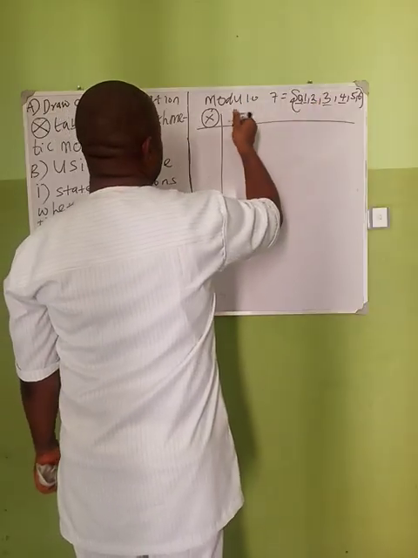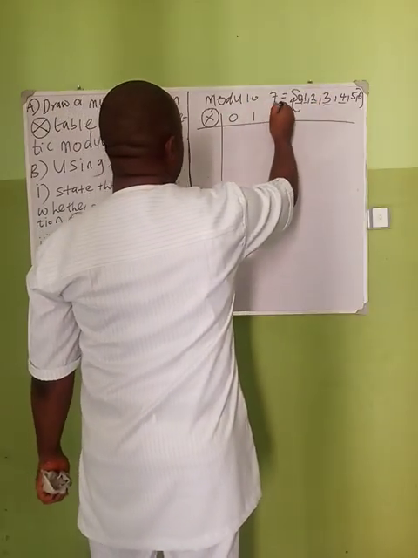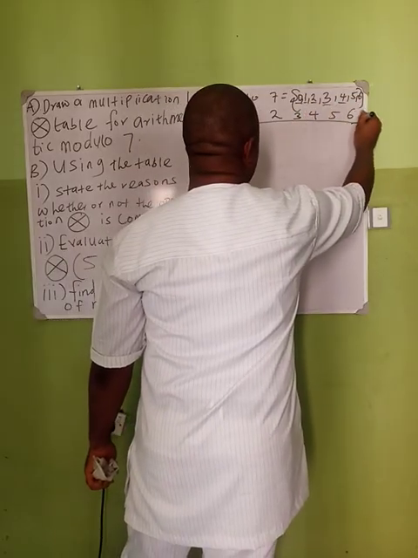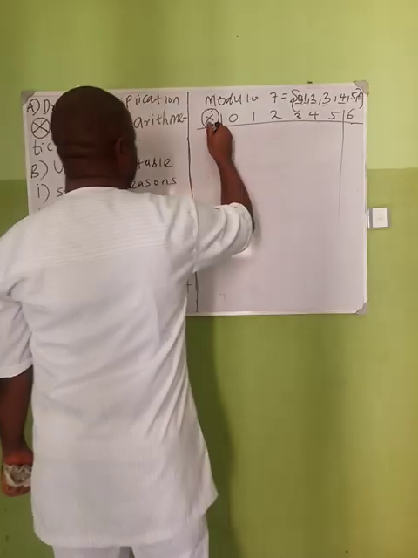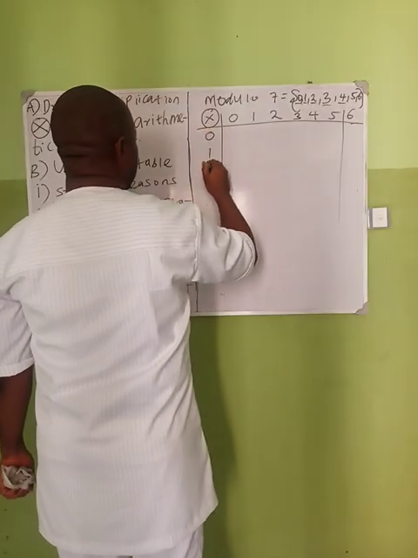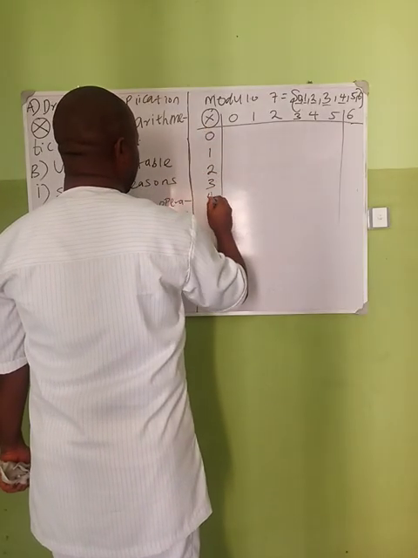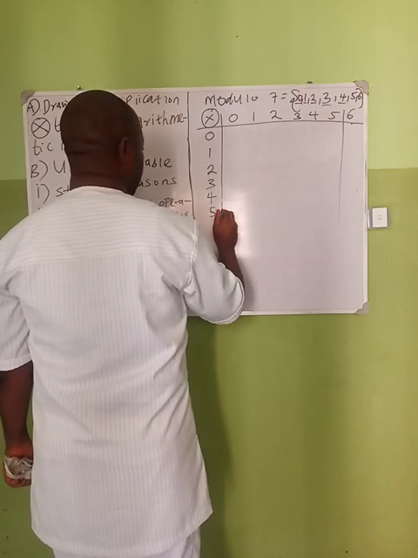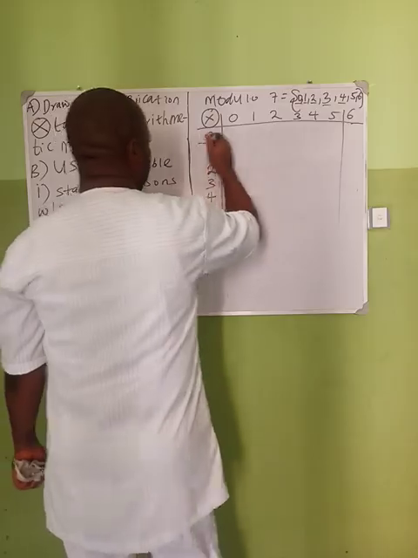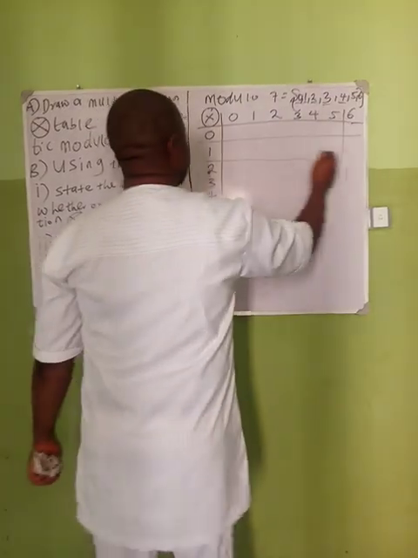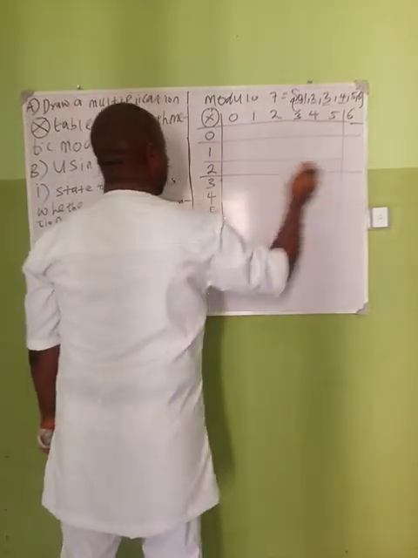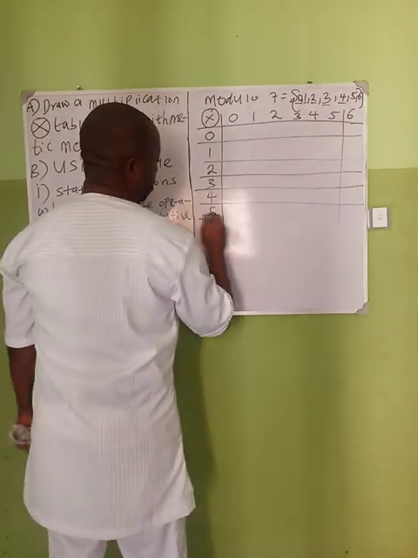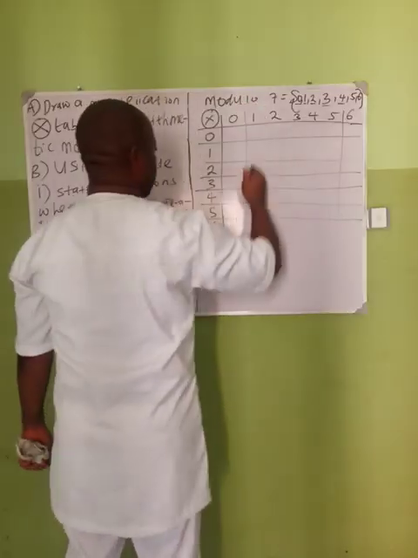So since it's modulo 7, 0, 1, 2, 3, 4, 5, and 6. On this side, 0, 1, 2, 3, 4, 5, and 6. And on this side.